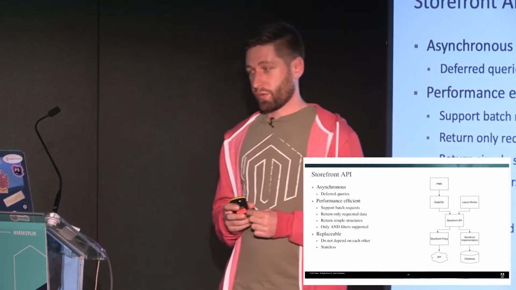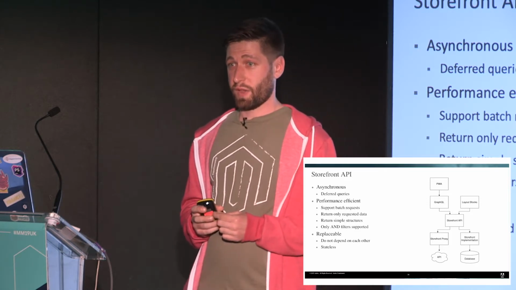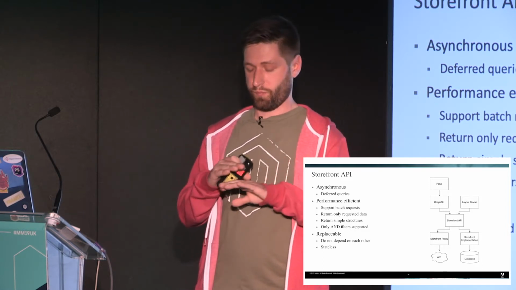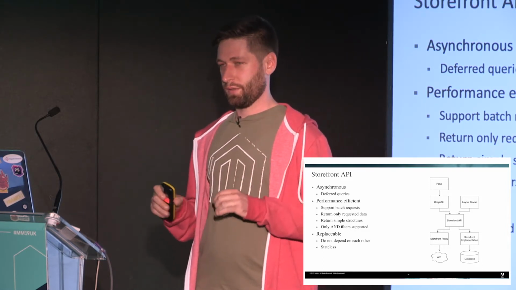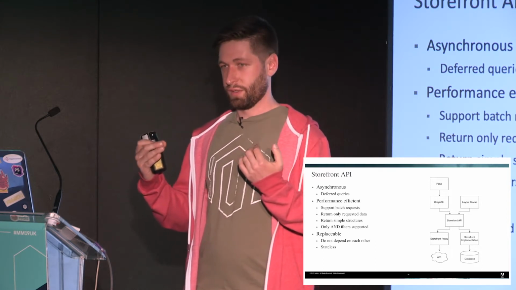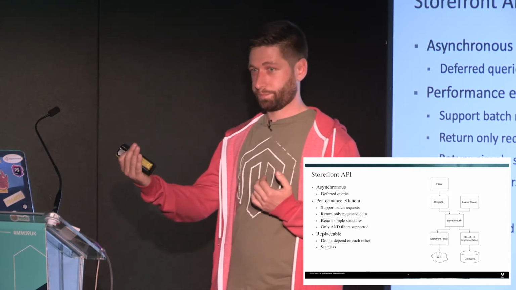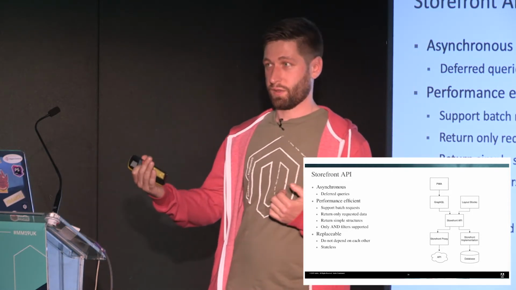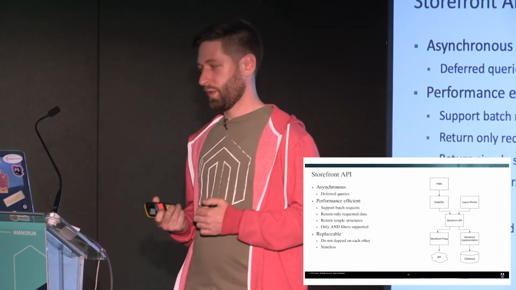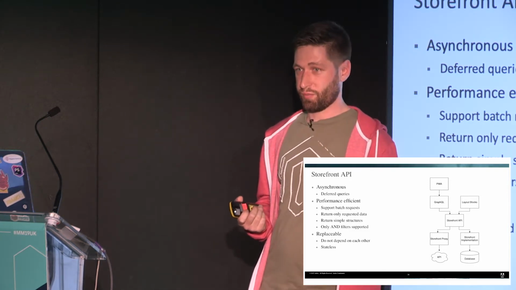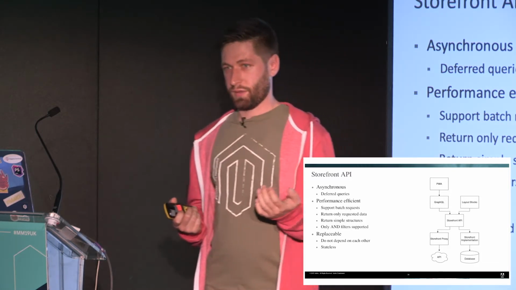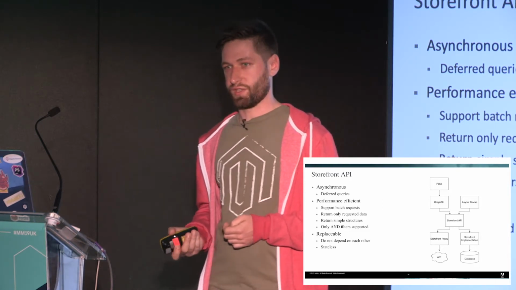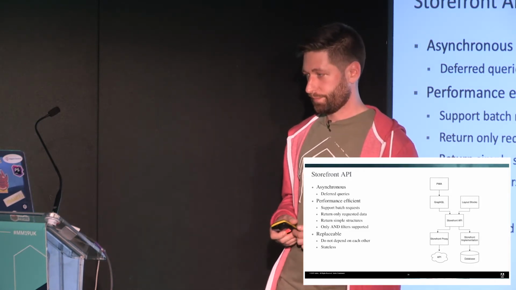Storefront API is a kind of programming API that will be a level between the internal implementation and, on the one side, layout blocks with templates that are used for server-side rendering of the pages, and a programming API for GraphQL that can be used by PWA or other frontends and integrations.